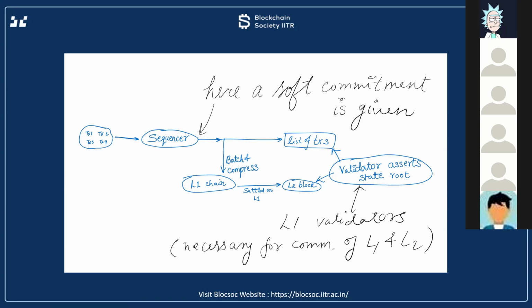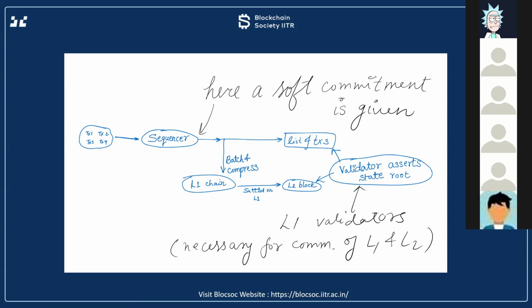It can collect MEV, which is a major source of income for the sequencer handlers or sequencer operators. After cherry picking the transactions, it batches and compresses them, and then sends them to a layer 1 chain, where there is a special rollup contract or a layer 2 contract where the transactions are sent as call data, not transactions. The entire batch is sent as call data.